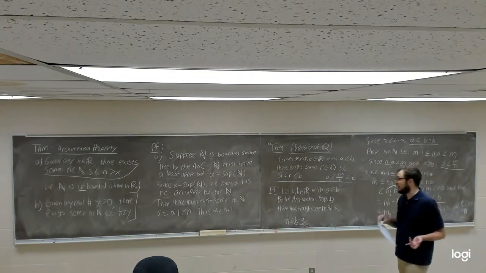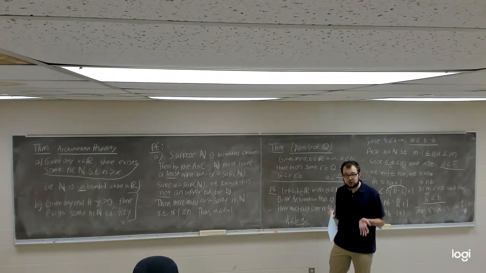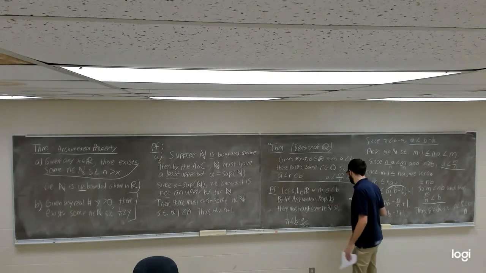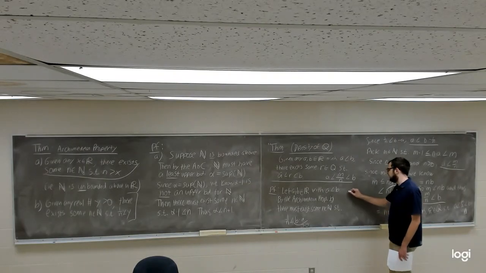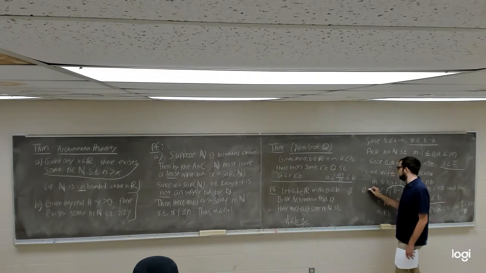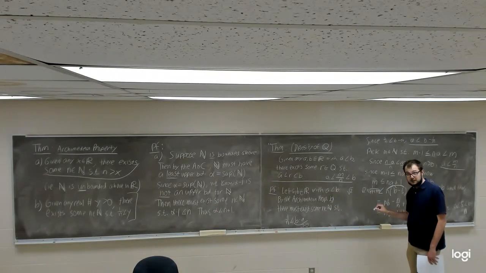We showed that no matter how close a and b are to each other, there's always some rational number in between. So if you gave me, say, two very, very close real numbers, like square root of 2 and square root of 2 plus 1 over 999,999, these are two real numbers.